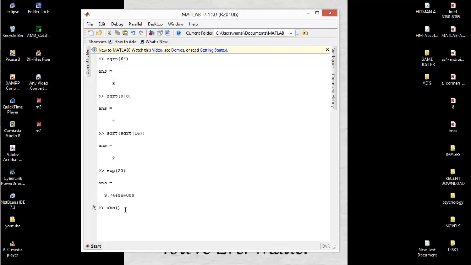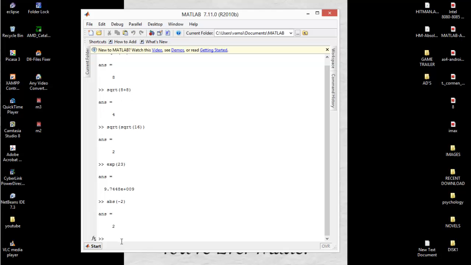Say minus 2 is there, then it gives the absolute value, that is 2 itself. Take another like the natural logarithm of 5, which is to the base e. And if you want log to the base 10, do this, give 9.